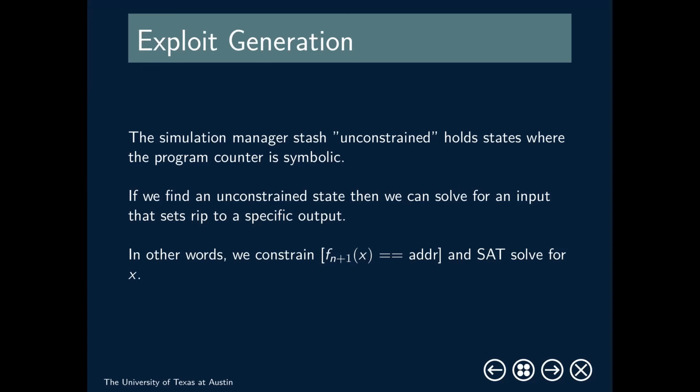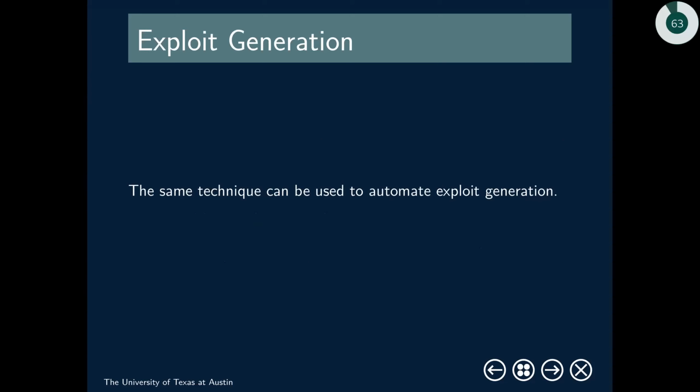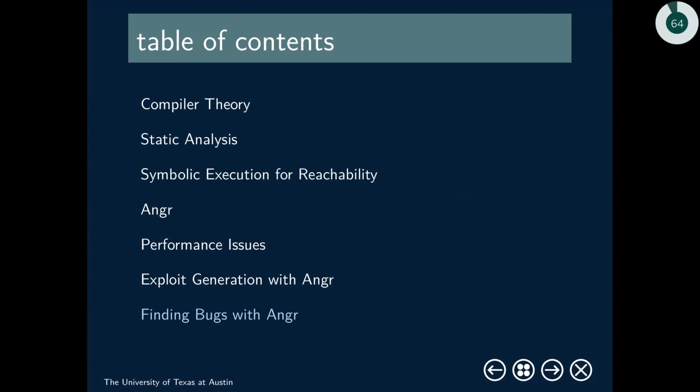And then in that case, we could just pick a different address and try some other exploit. And this same technique can actually be used to automate exploit generation, which is pretty wild. Might be a cool idea for a CTF problem. Automatic exploits sounds crazy.